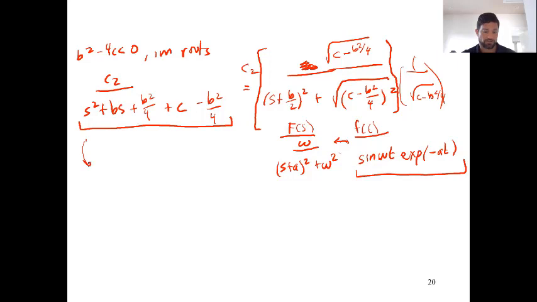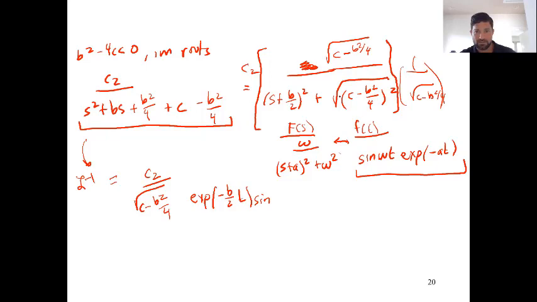The initial function in the time domain is going to be the inverse Laplace of this function, which equals c over 2 square root c minus b squared over 4, because we put this in the denominator. And then we had the exponent of negative b over 2, because this was our a term, times t, times sine.